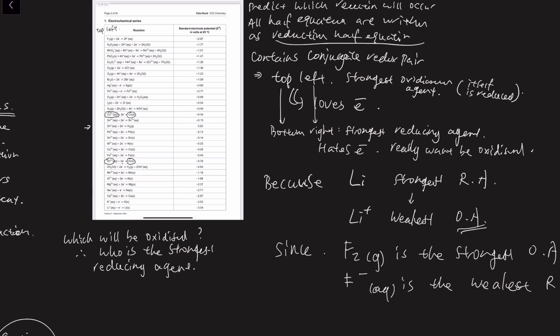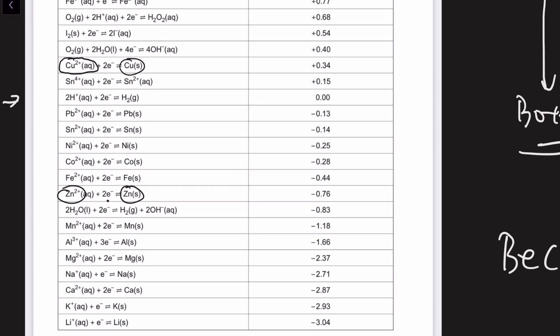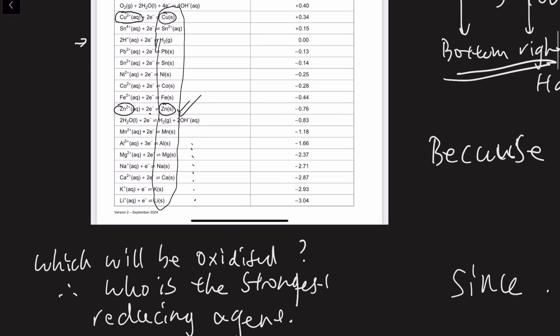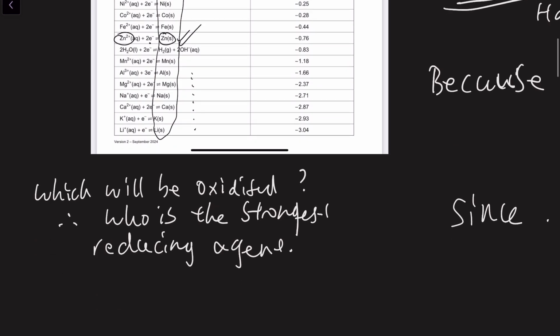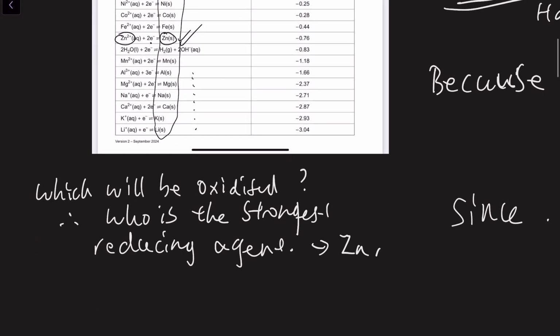Remember, the bottom right contains the strongest reducing agent. So let's look at who is on the bottom right. Looks like zinc is the most bottom right chemical we have in our system. And hence, it's zinc metal.